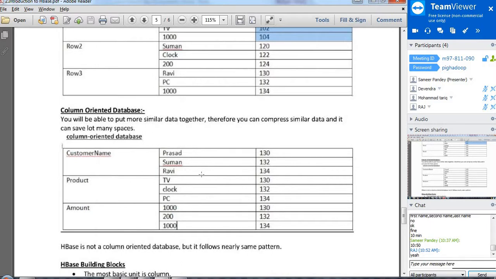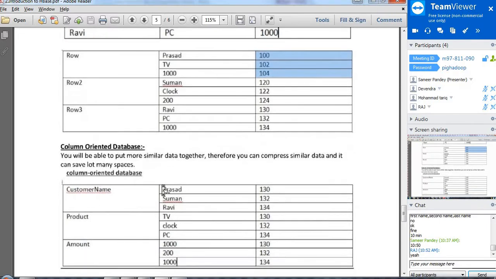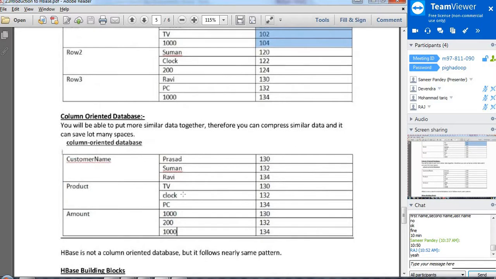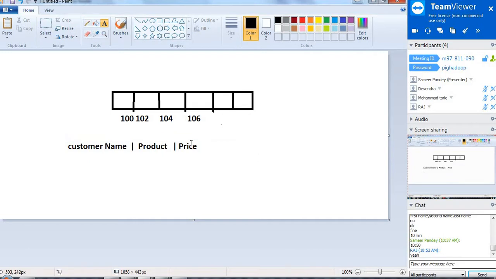Now how does the column oriented database help in compression? Your next question would be like this only. How can I say that this helped me in compressing the data? Now suppose you have customer name, product, and price.